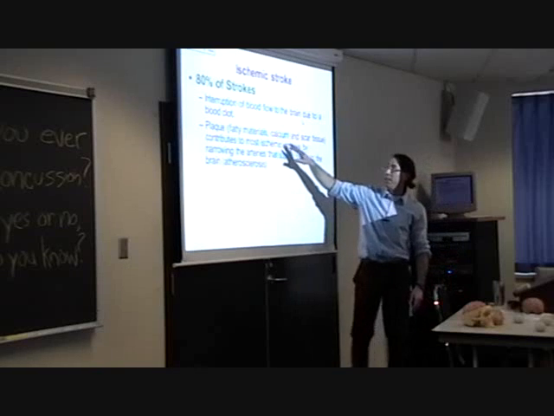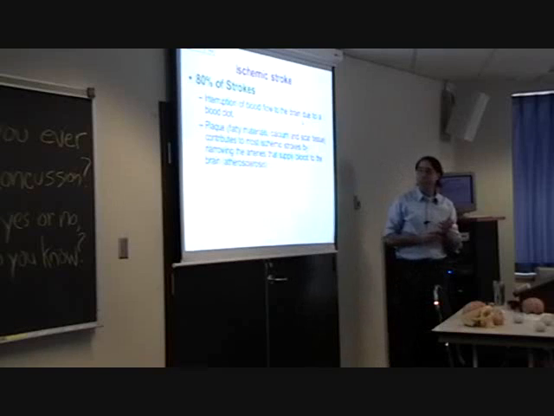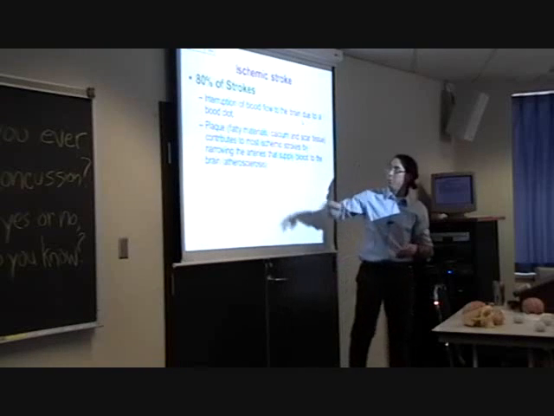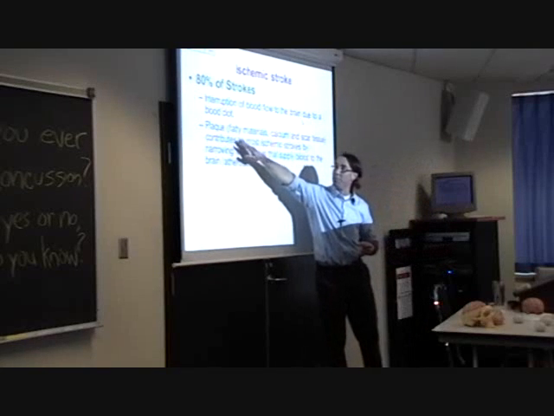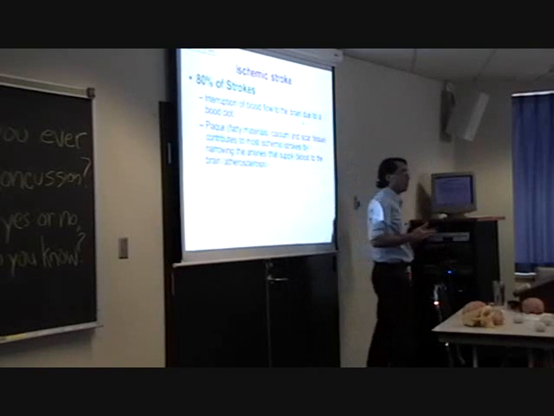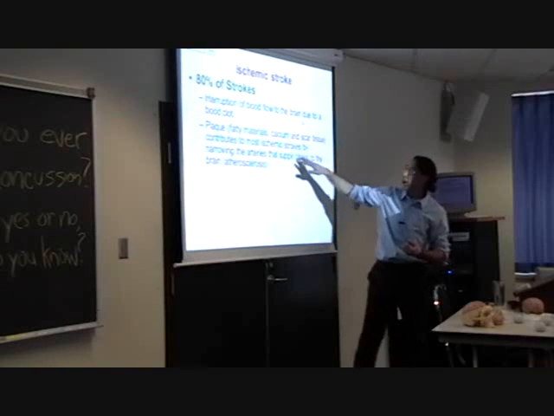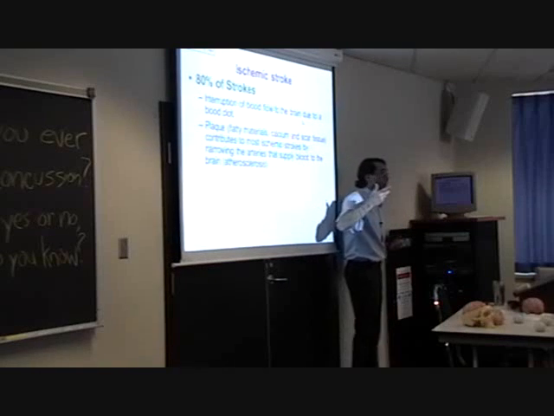This is why I don't want to get too much into prevention, because we all know all the bad things in our lives that can cause blockage of blood vessels. Either fatty materials, so Big Macs and French fries and all the good stuff in life, or just a narrowing of the arteries, which sometimes is a bit more of a genetic contribution.